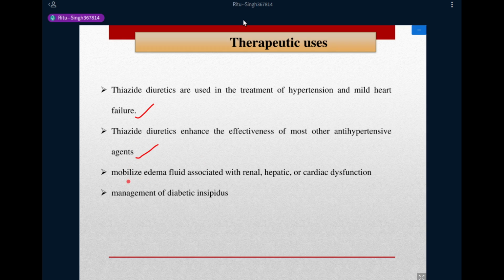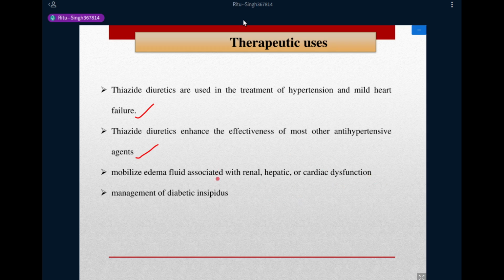They are also used to mobilize edema fluid. Edema is the condition in which body fluid is accumulated in the body. Thiazide diuretics mobilize edema fluid associated with renal problems, hepatic problems related to the liver, and some cardiac dysfunctions.